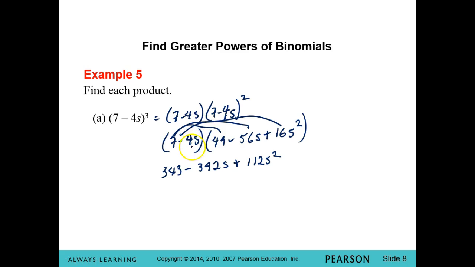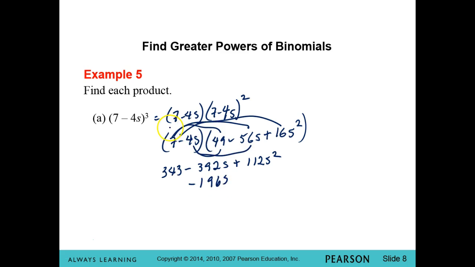Next. Okay, it's going to be a minus, and this will be an s, so I'm going to write it under there. Minus 196s.